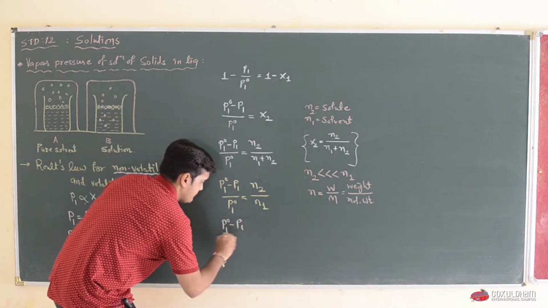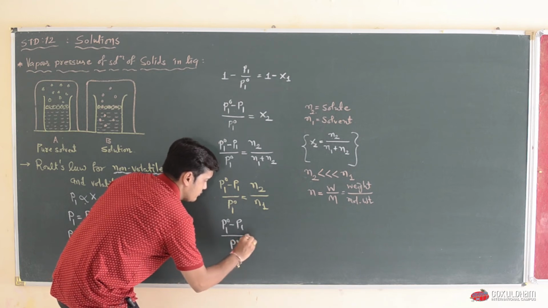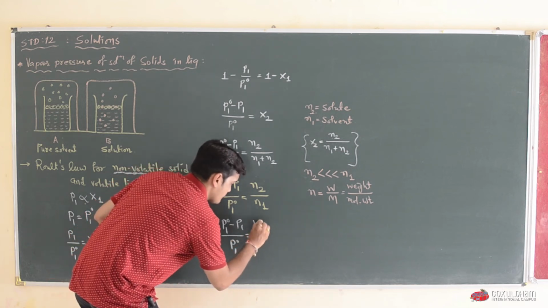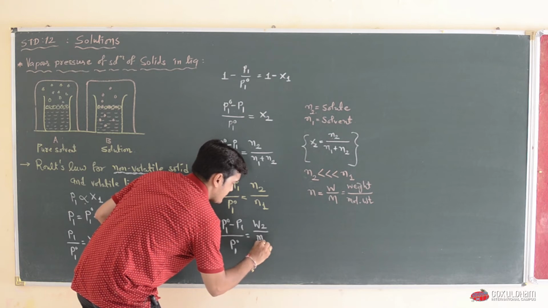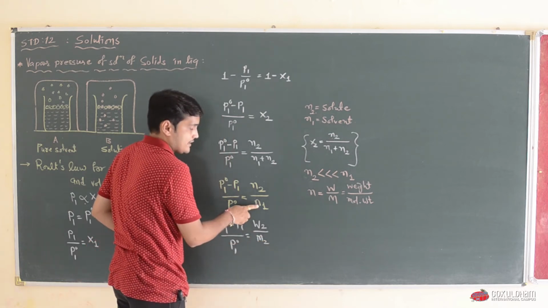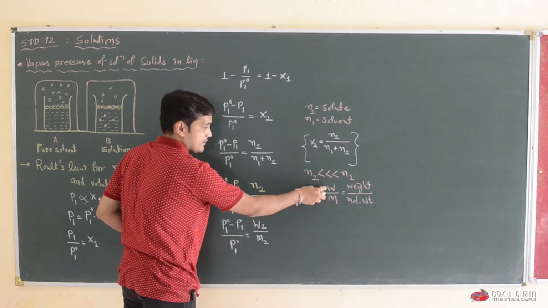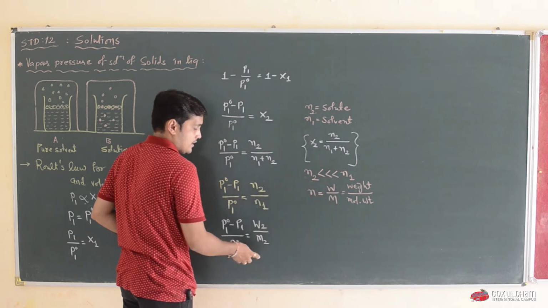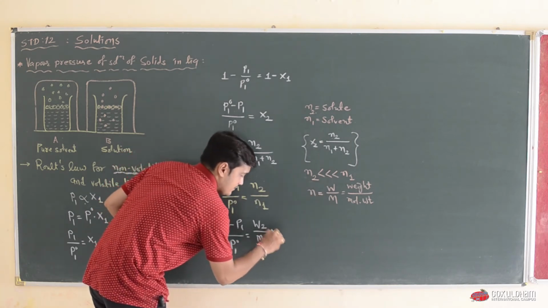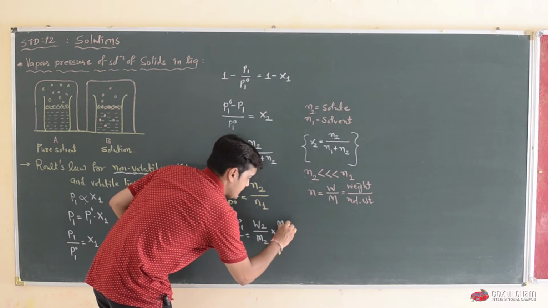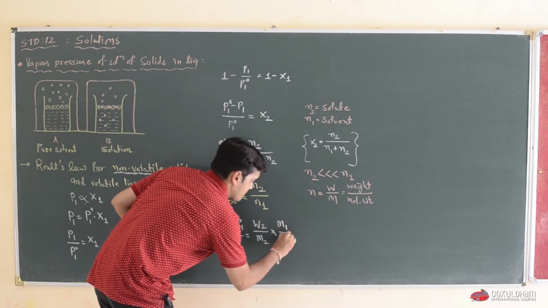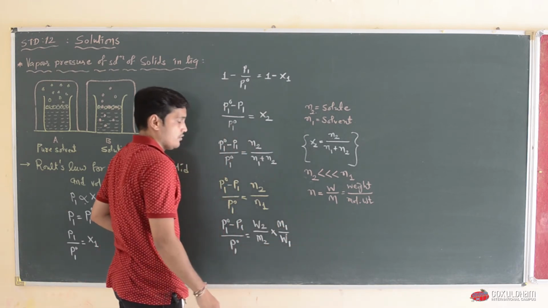So our equation becomes (P1⁰ − P1) upon P1⁰ is equal to W2 by M2. Now this n1 is taken as W1 by M1, but that step is written in an inverse direction, M1 upon W1.